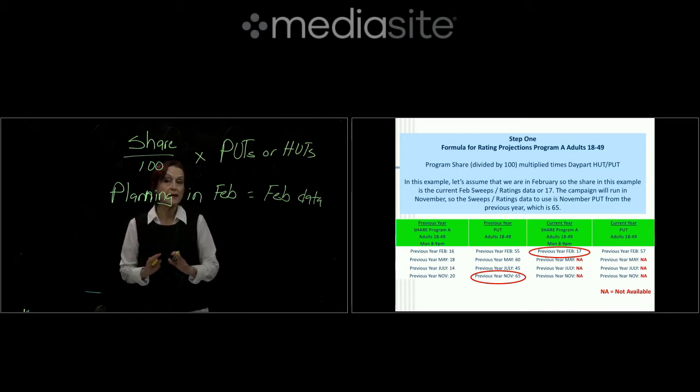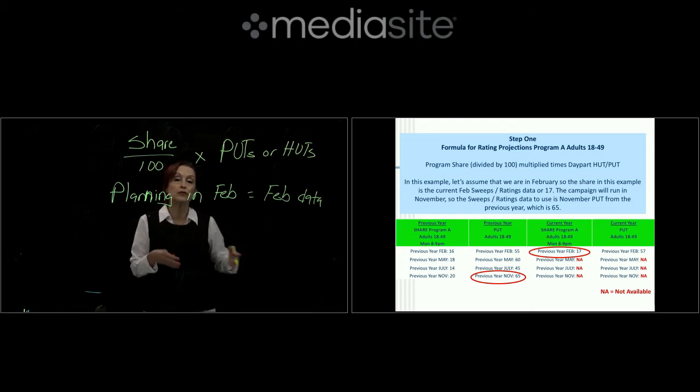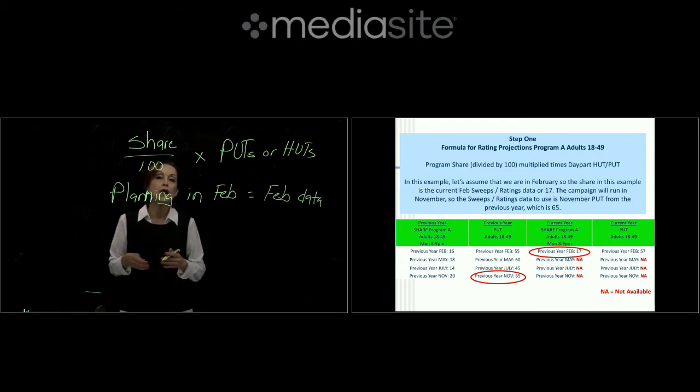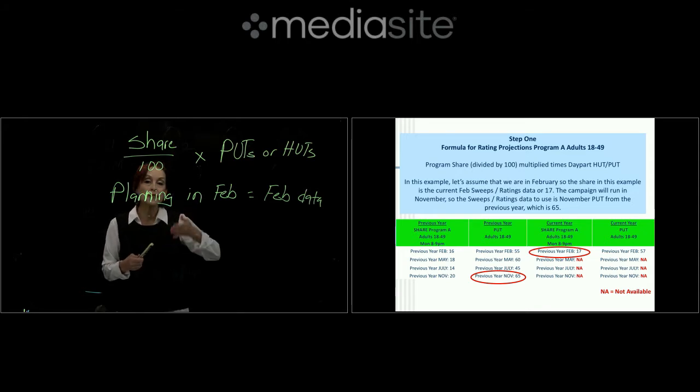So I hope it makes sense. So if we're in February right now, assuming you're not going to have May of this year, July, or November. Your present time is February of this year, which we are assuming for the purpose of this example. So you're in the month of February planning for this negotiation.